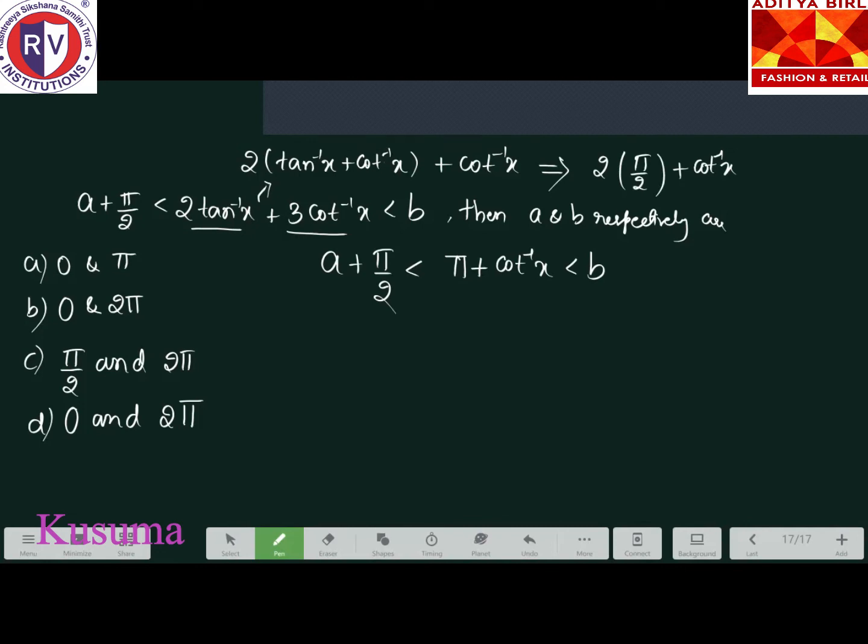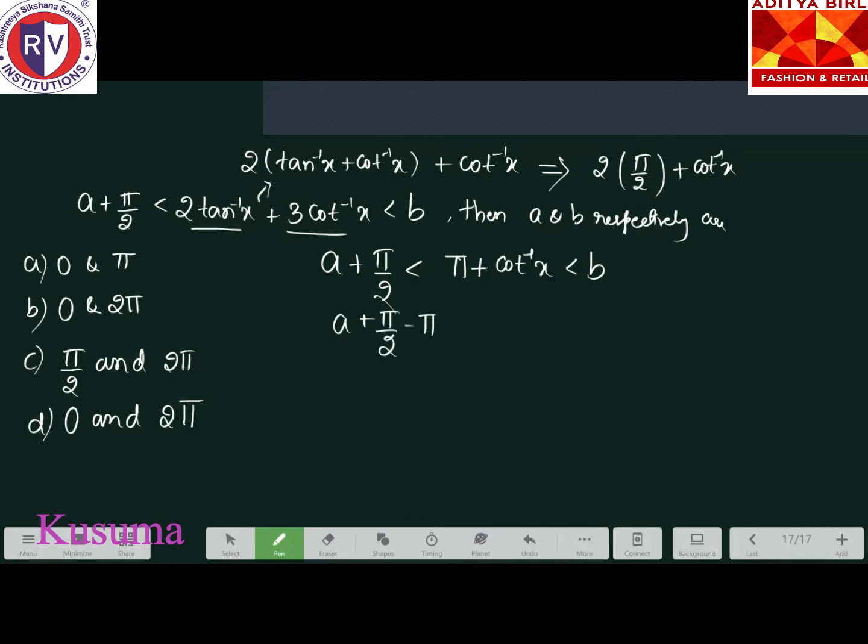So I'll subtract the entire inequality by pi. Here it will be a plus pi by 2 minus pi. So what is pi by 2 minus pi? Minus pi by 2. Okay, don't get confused.